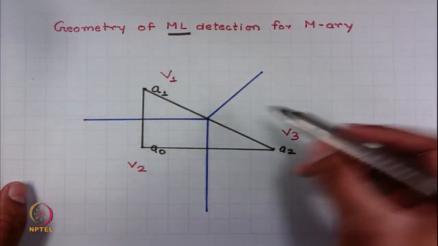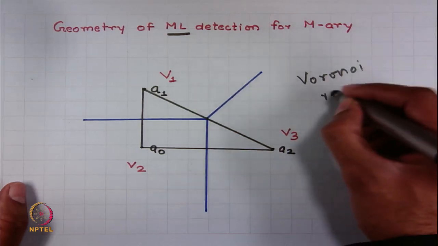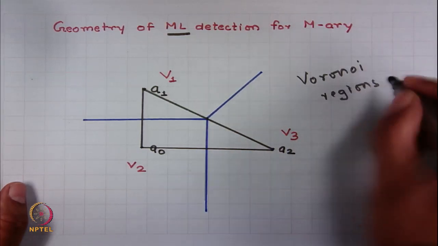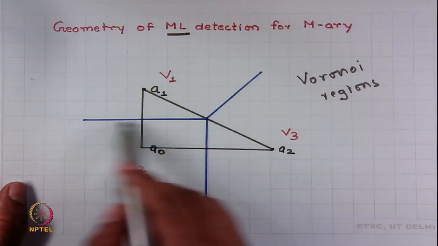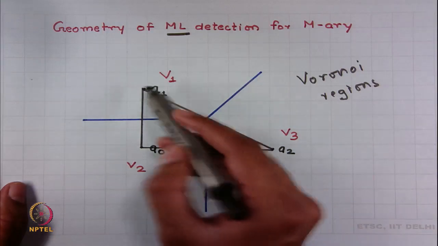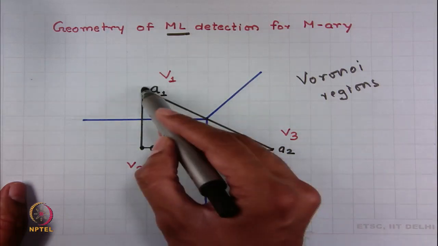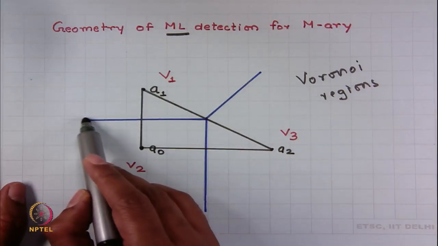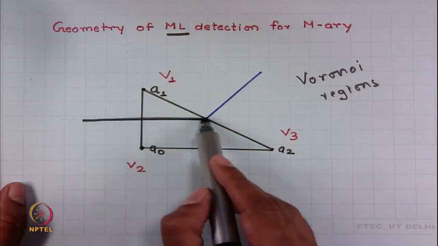Voronoi regions are the regions which are formed by drawing a perpendicular bisector between two signals. For example, if I consider signal A1 and signal A0, these 2 points, I draw a perpendicular bisector between these signals, and I get this perpendicular bisector.